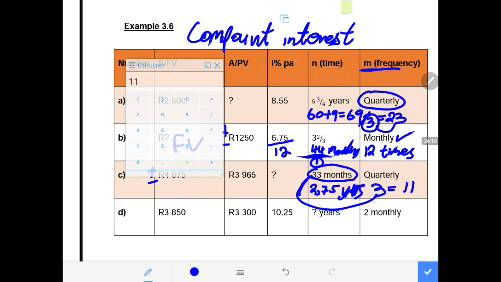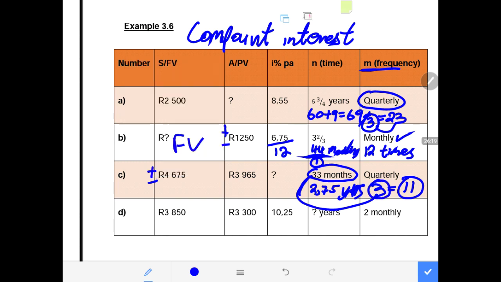So that means the interest will be compounded 11 times, because every third month we compound. At the same time, you could have said 2.75 times 4. Take note of that.